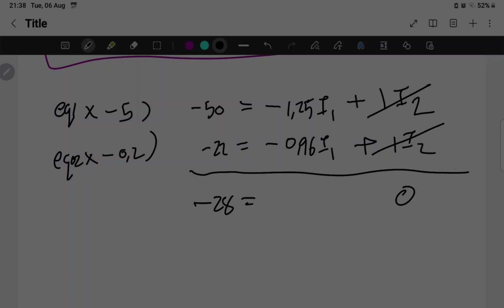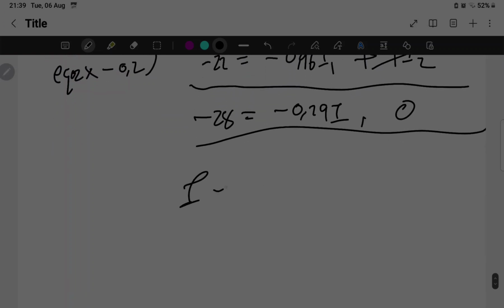And over here we have negative 1.25 minus 0.96, and we have an answer of negative 0.29 I1. And to solve this equation is pretty straightforward. I1 is equal to negative 28 divided by 0.29.